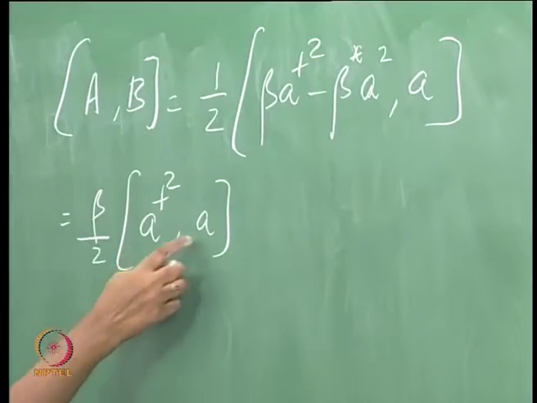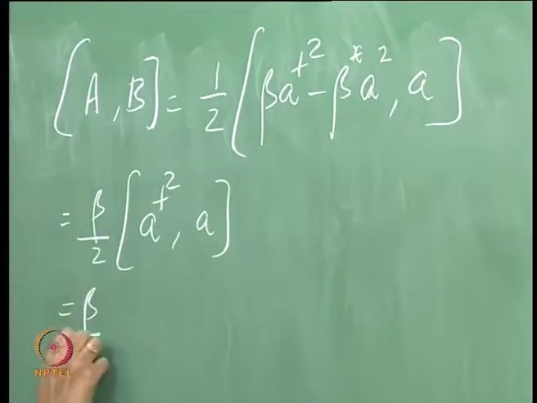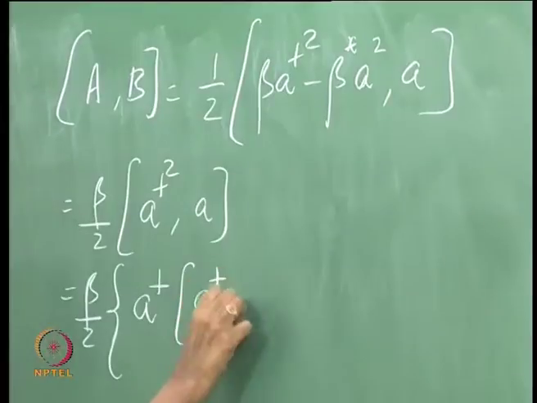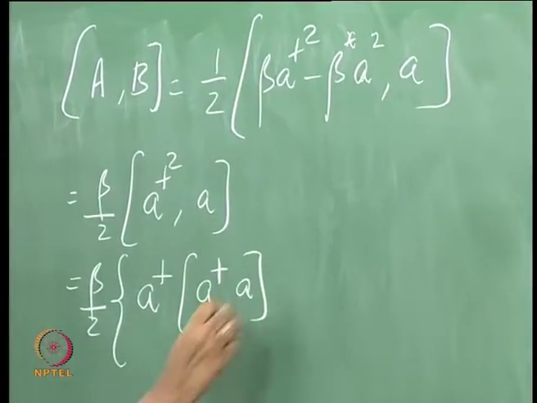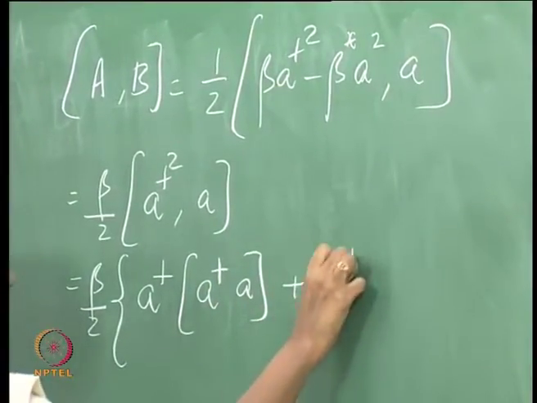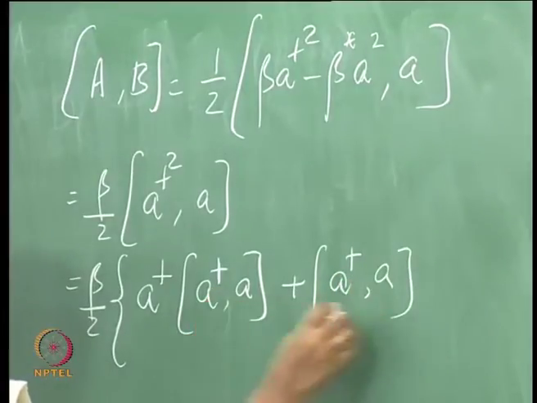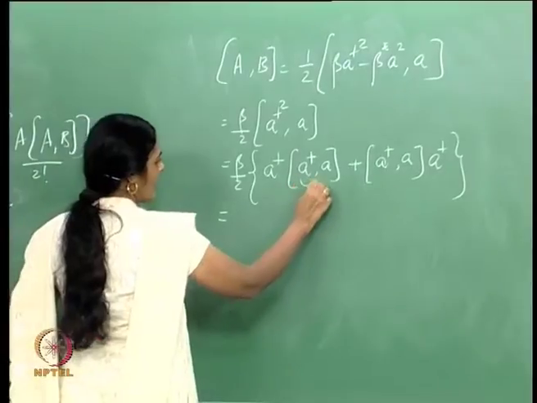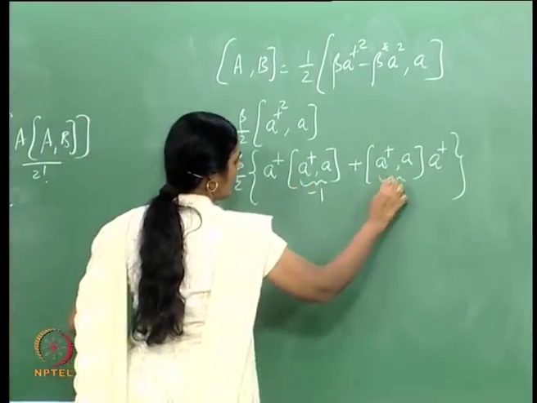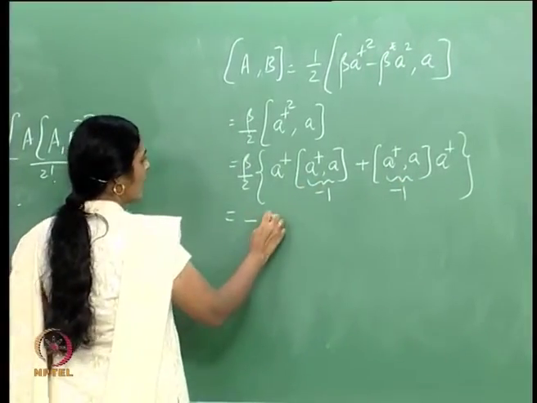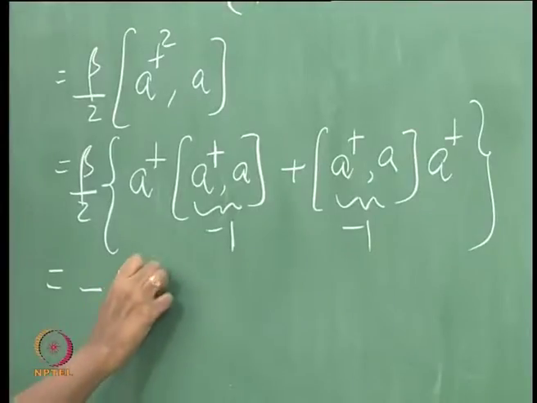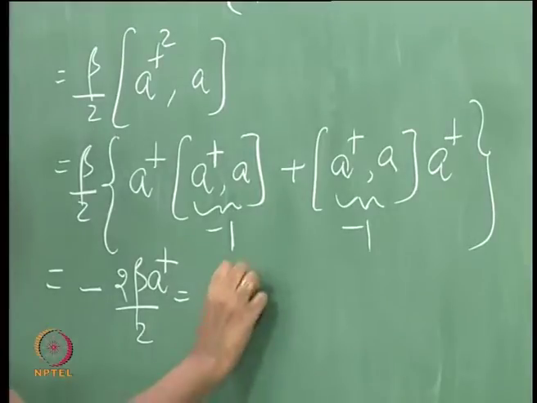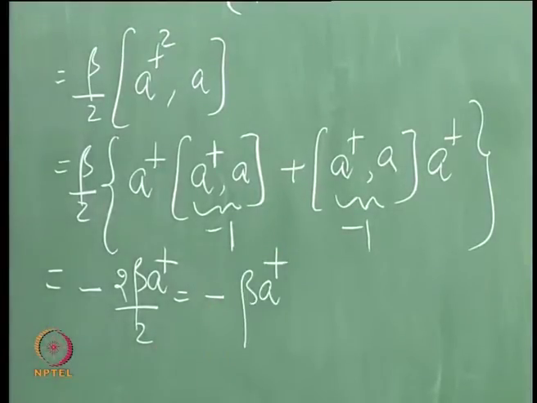I use the ABC rule here, so that is beta by 2 A dagger commutator of A dagger with A plus A dagger A commutator with A dagger. Now, A dagger A commutator is minus 1, and therefore, this is minus 2 beta A dagger by 2, which is equal to minus beta A dagger.